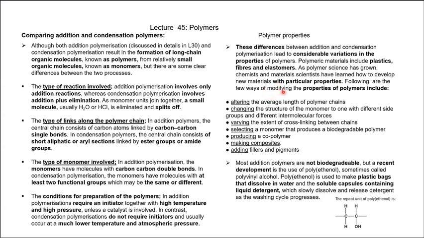Some modifications of the properties of polymers include altering the average length of polymers, changing the structure of the monomer, varying the extent of cross-linking between chains, selecting a monomer that produces a biodegradable polymer, producing a copolymer, making a composite, and adding fillers and pigments.